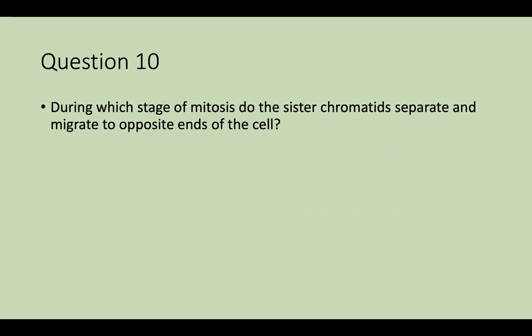So you should definitely by heart be able to recite the 4 stages of mitosis: prophase, metaphase, anaphase, and telophase, and know what happens in each of them. So sister chromatids are separating during anaphase. And you should know how to spell those. You definitely shouldn't need a word bank for the 4 stages of mitosis. I will not give you a word bank for that.